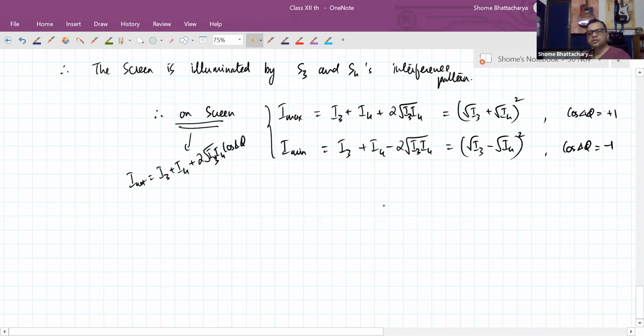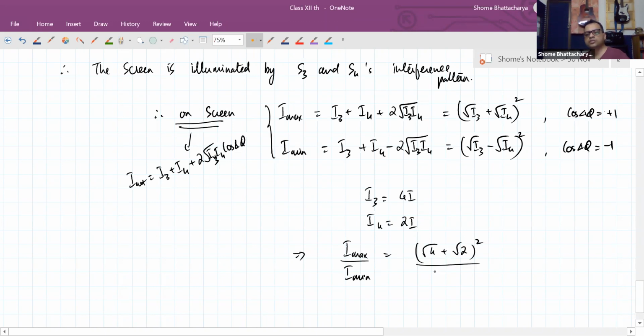Okay. So now we had seen that I3 was 4i and I4 was 2i. Therefore, the ratio of I max to I minimum is simply going to be square root of 4 plus square root of 2 whole square, over square root of 4 minus square root of 2 whole square.